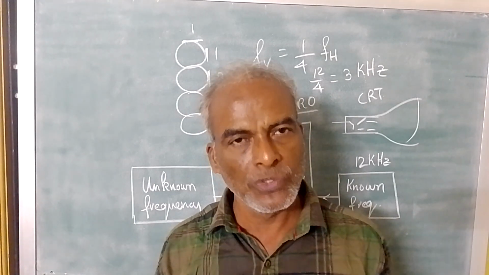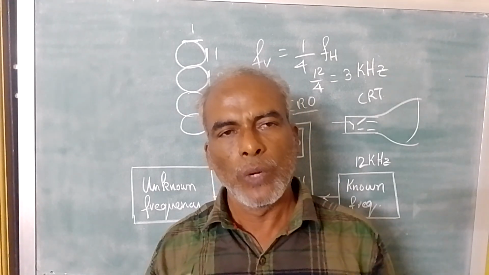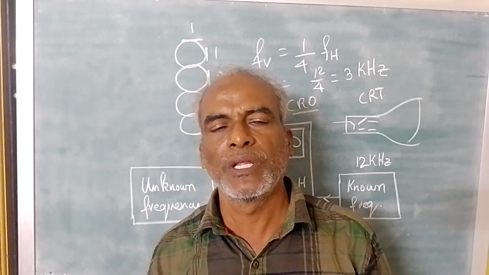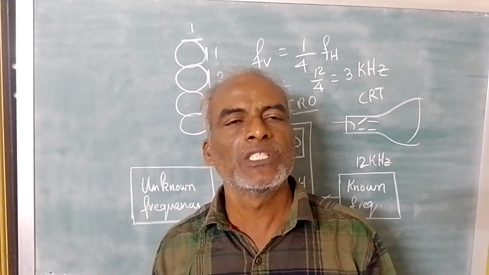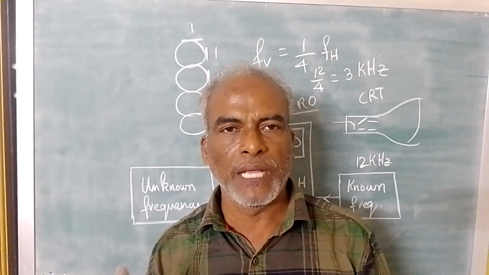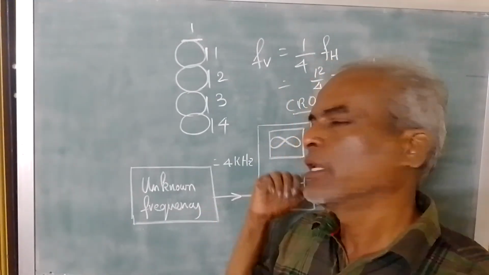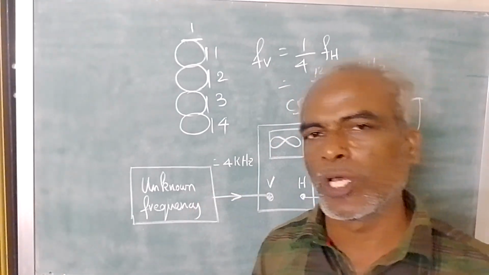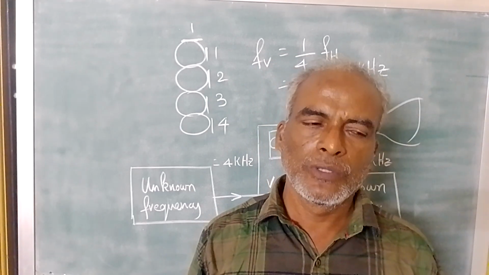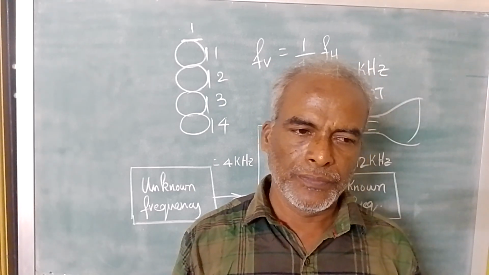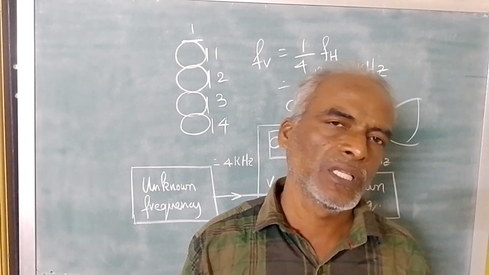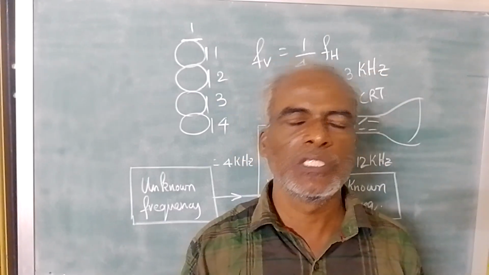As well, you can use the same technique while you are applying in the field work. So in the field work, we must be very cautious. What is the voltage you are expecting, and the signal output should be acceptable to the equipment. Here in this case, it is analog cathode ray oscilloscope. That's all about the measurement of unknown frequency using Lissajous pattern using analog CRO as well as digital CRO.